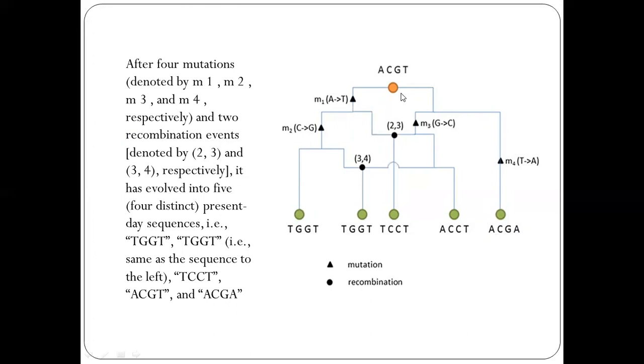Now looking at the sequence in the middle, which goes through the recombination event where two mutations M1 and M3 meet at 2, 3 for a recombination event, we see that TCGT and ACT combine to give us TCCT. Similarly, we also get the other two examples through basic mutation and recombination events.